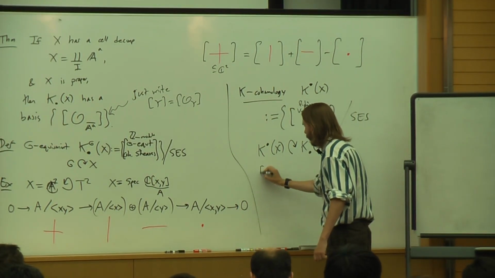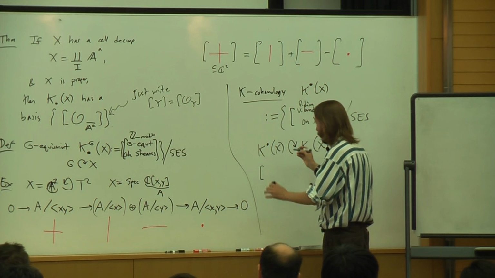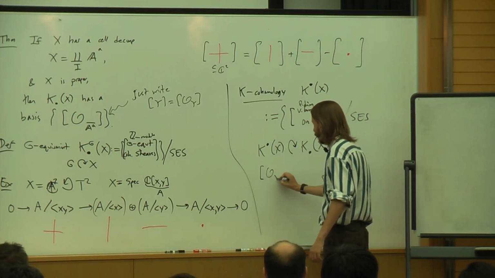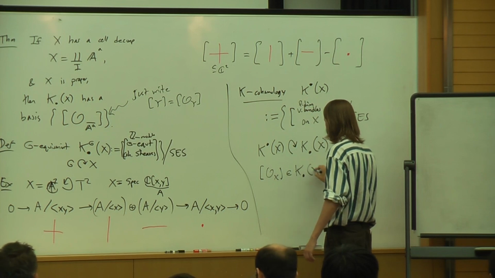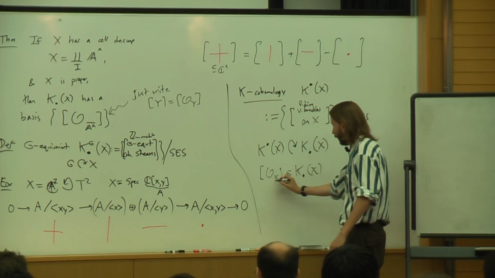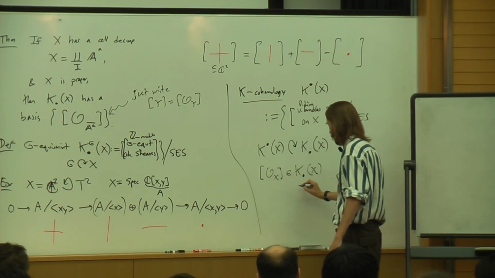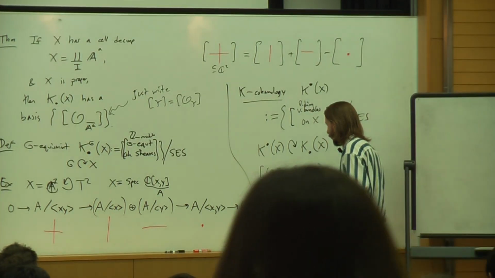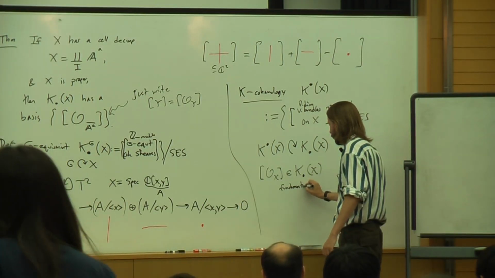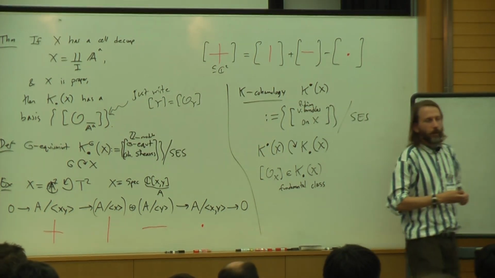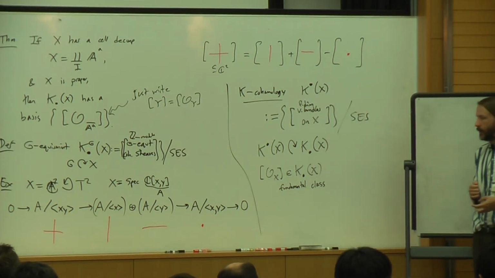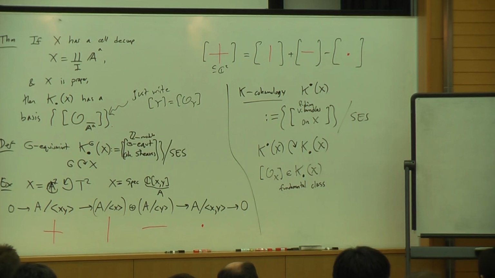There's one thing that's special to this situation: there's always the class of the structure sheaf of X as an element in K-homology, and this is a built-in fundamental class. You might think, well, not every topological space has a fundamental class.